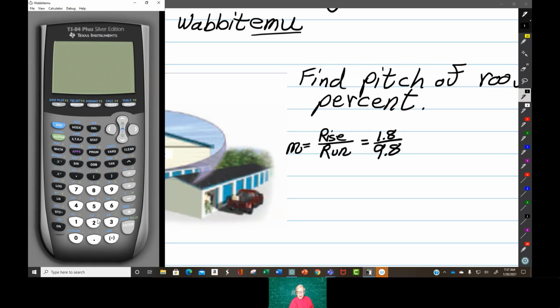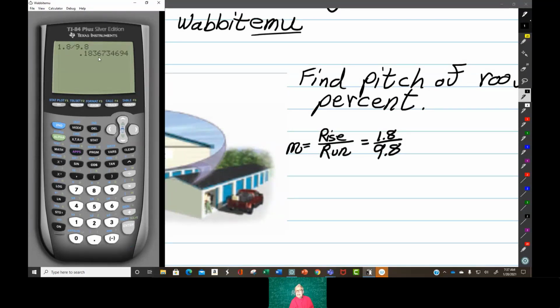So I'm going to, I hope it works. No, it doesn't. Ah, there it is. 1.8 divided by 9.8. Enter.